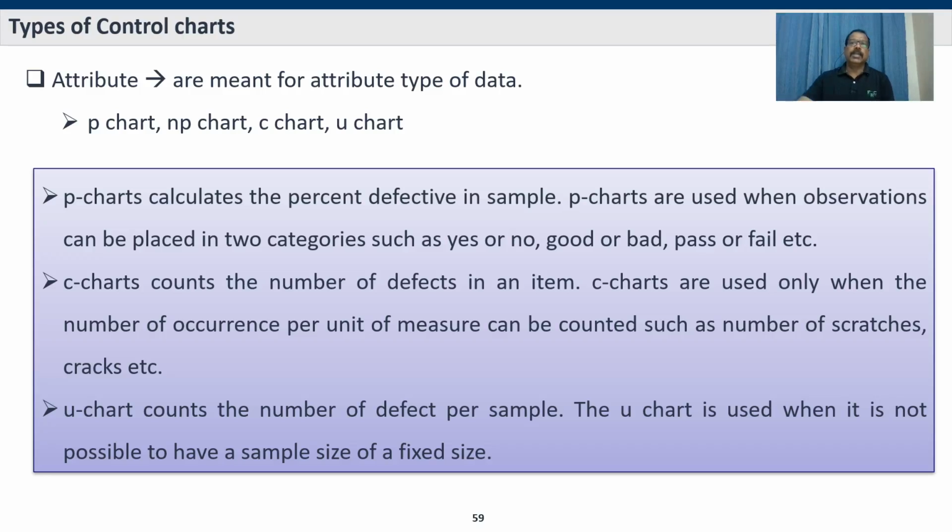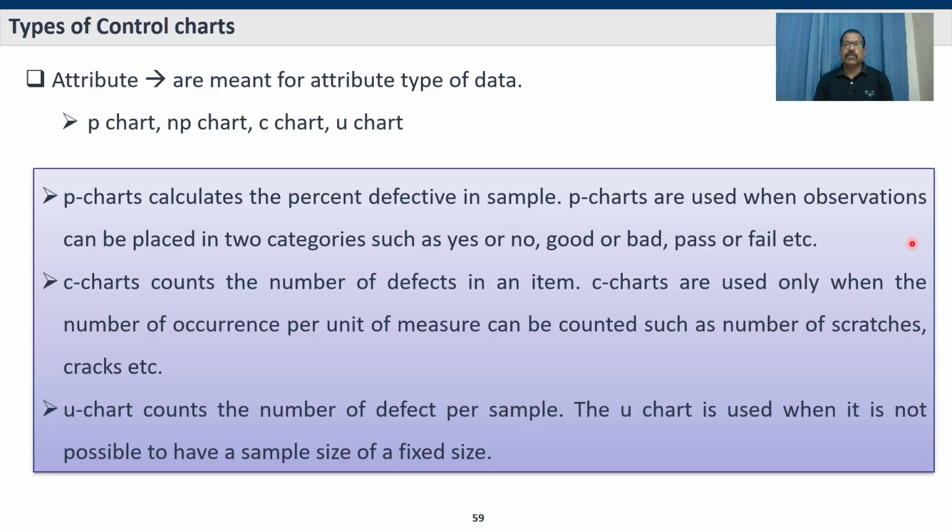P chart calculates, wait, let me use some pointer. Okay, so P chart calculates the percent defective in a sample. The proportions or percentage will be calculated. P charts are used when observations can be placed in 2 categories: yes or no, good or bad, pass or fail, accept or reject.